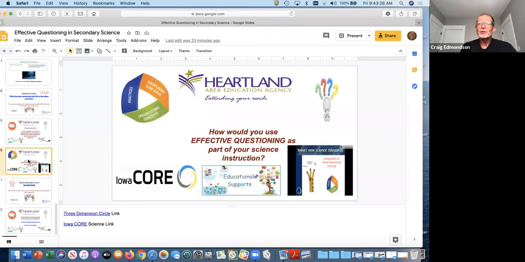One thing I would like you to consider also is how does this all relate to our science standards? How does this relate to the 3 dimensions of learning in dealing with the science and engineering practices, the cross-cutting concepts, and the disciplinary core ideas? How does effective questioning tie to the use of storylines and phenomenon within a lesson?